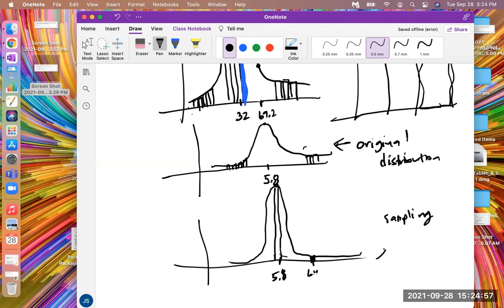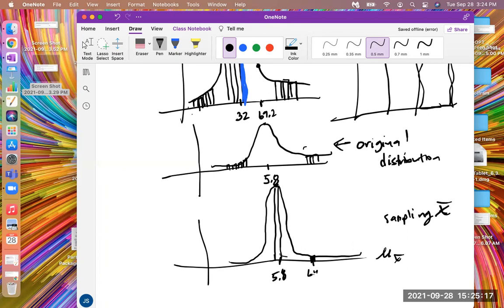And the formulas for this are the standard deviation and the mean of what they call the sampling distribution, usually the sampling distribution of the mean. So they usually use a little x bar.